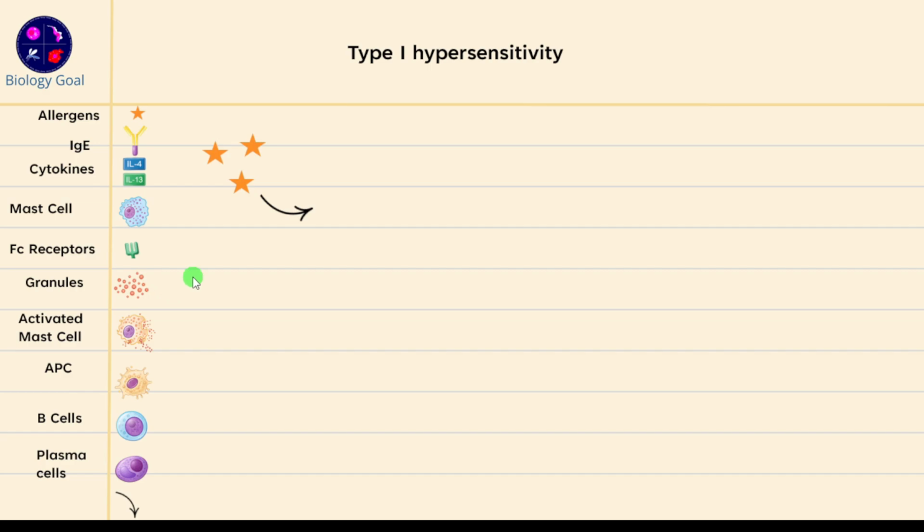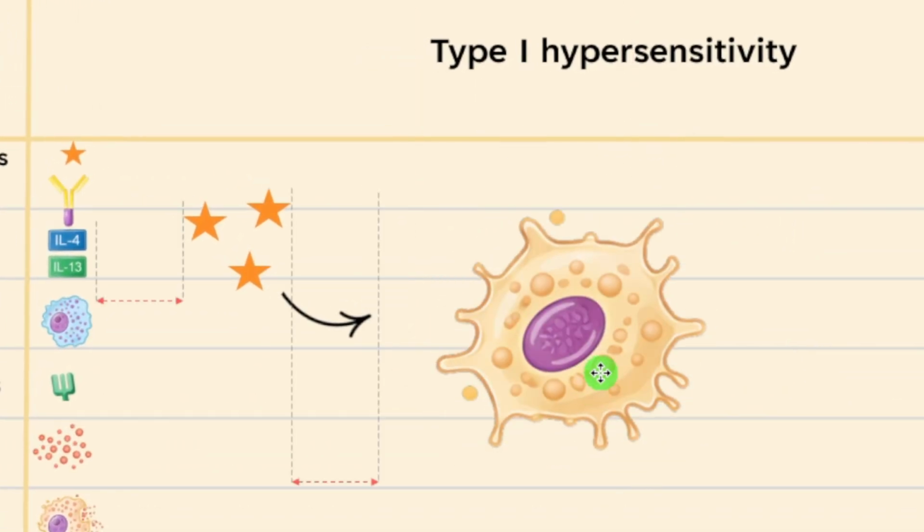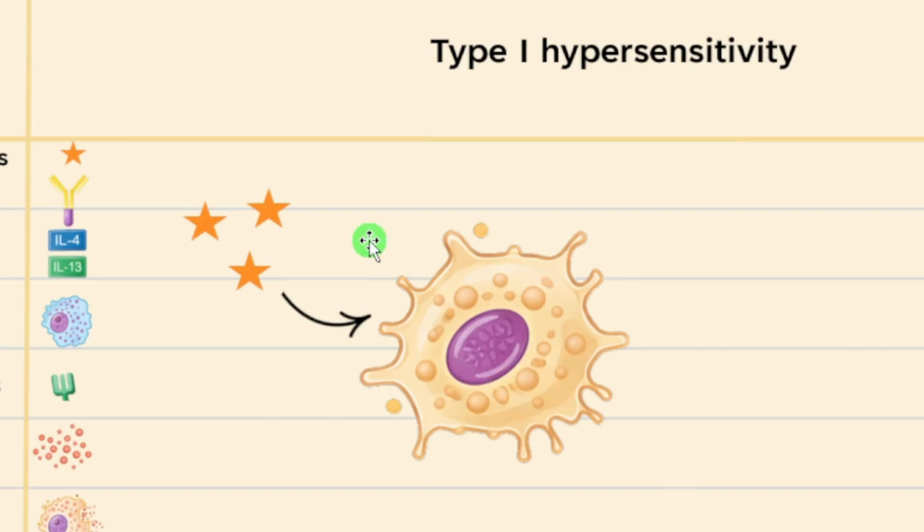So right over here, I have APC, which is the short form for antigen-presenting cell. What this cell can do is take up these molecules, right? One of the molecules that I'll take from here, and this cell is going to take it inside of it. So we'll have multiple of these molecules inside the antigen-presenting cell.